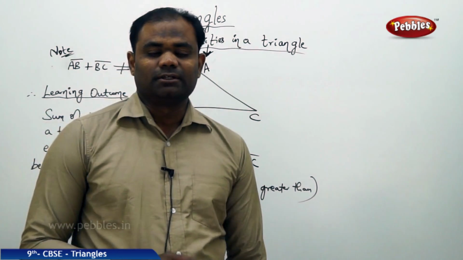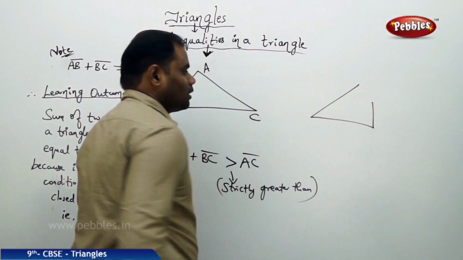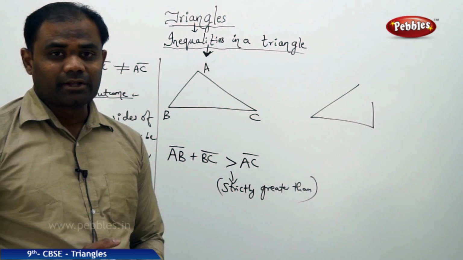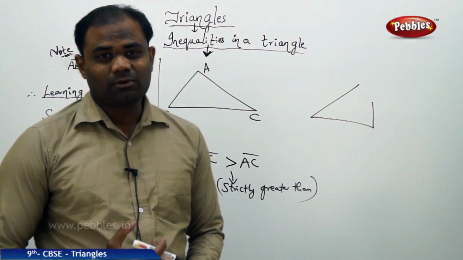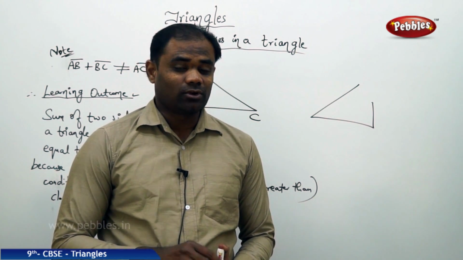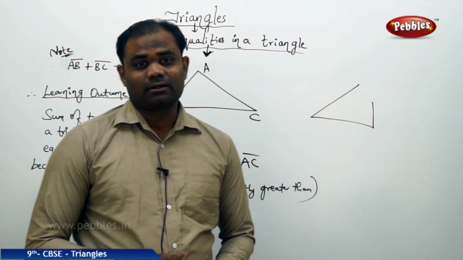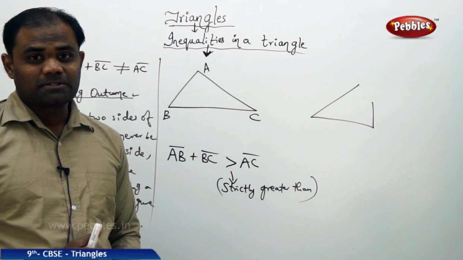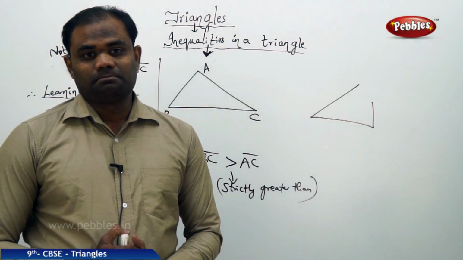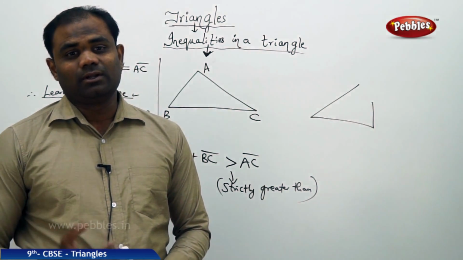It fails the condition of forming a closed three-sided figure, or it forms an open triangle. This is how we understand the strictly greater than concept connected with the sum of two sides always exceeding the third side. It cannot even be equal to or less than. This is how we understand the triangle inequality strictly following the strictly greater than inequality, and how we connect the triangle properties with inequality.